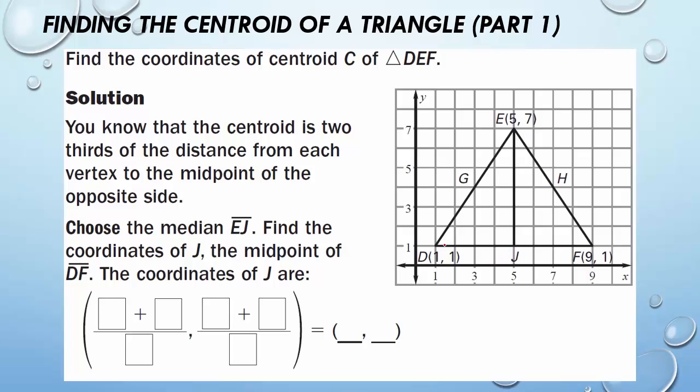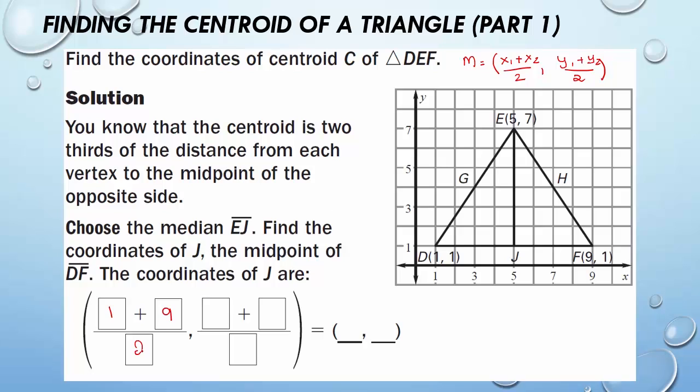In order to do this, remember the median formula, and I'll write this over here: x1 plus x2 divided by 2, and y1 plus y2 divided by 2. So let's plug that in. We got our x1 as 1 and x2 as 9.